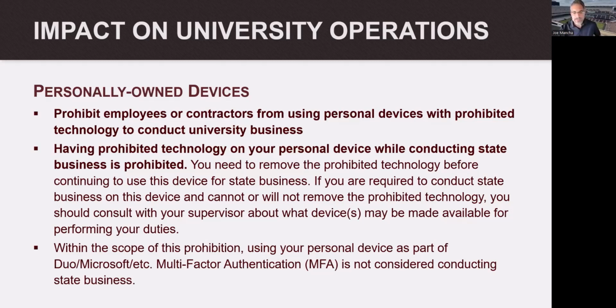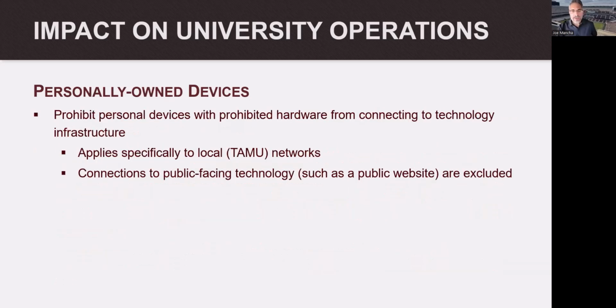On the last bullet, for purposes of this prohibition, using a device for multi-factor authentication, MFA, Duo, is not considered conducting state business. If you have a personal device with prohibited technology, you are prohibited from connecting to university networks. The exception to that is public-facing technology like a public website.